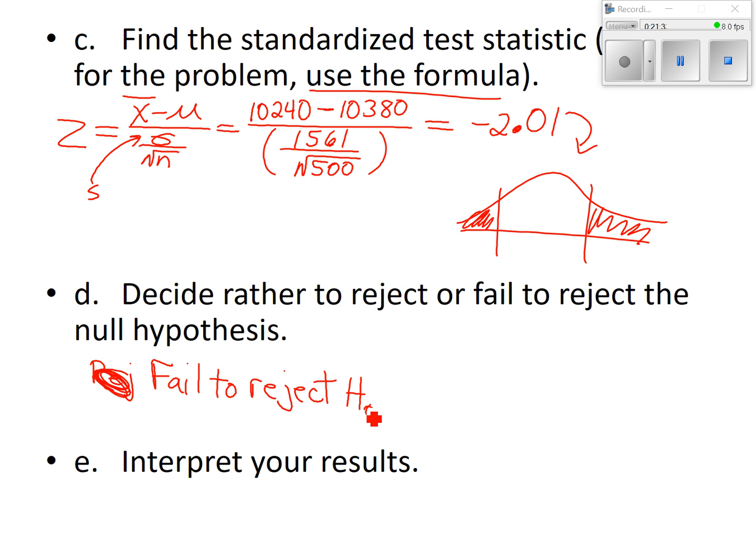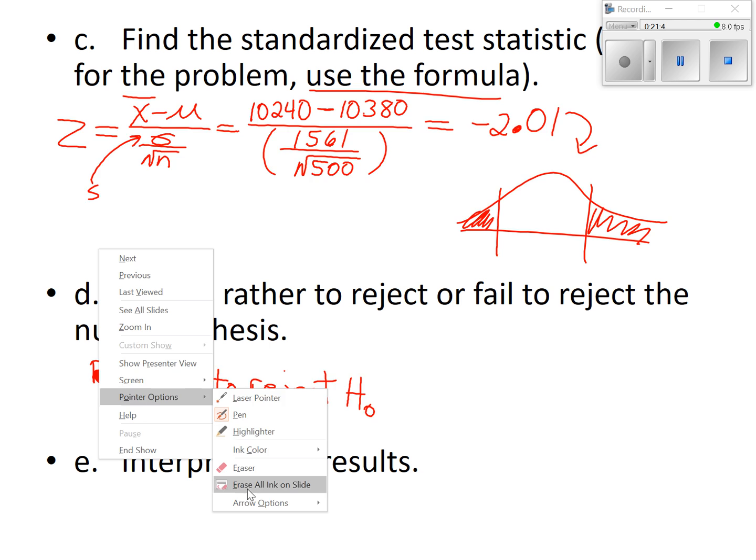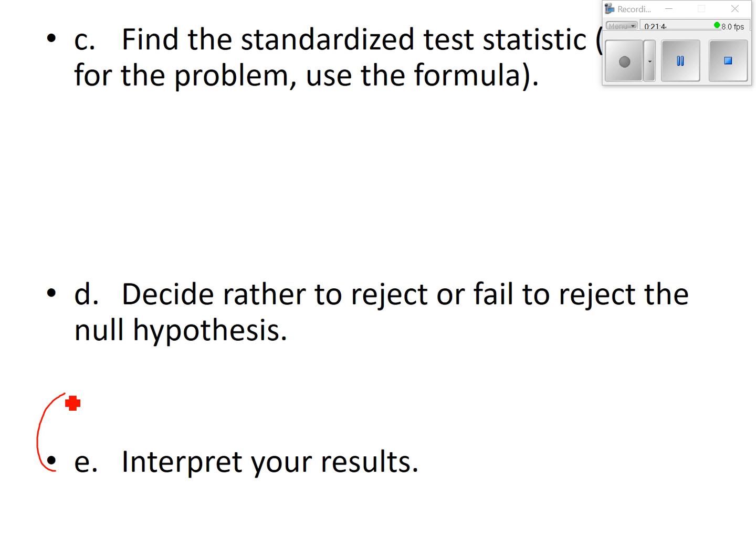Does everybody have that? Because I'm going to have to erase this, there's no way I have enough room down there to write the interpretation. So I'm actually going to write our interpretation up here. Sort of stupid of me to make up this PowerPoint and not give myself room to do that.